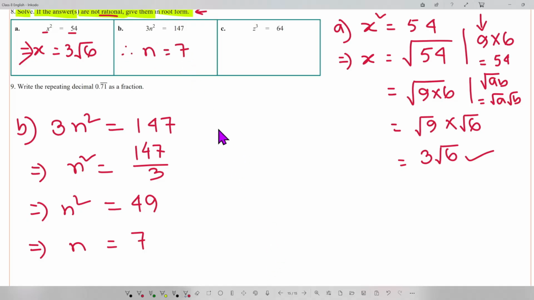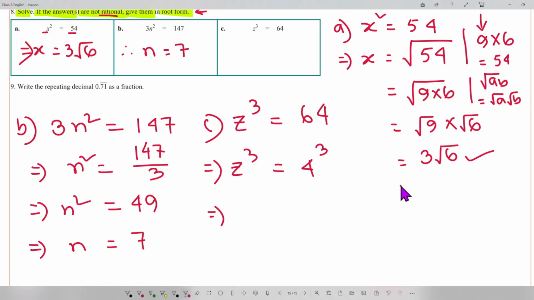Very simple. Number C, here is z cubed equals 64. Now, z cubed equals 64, and 64 we can write as 4 cubed, right?